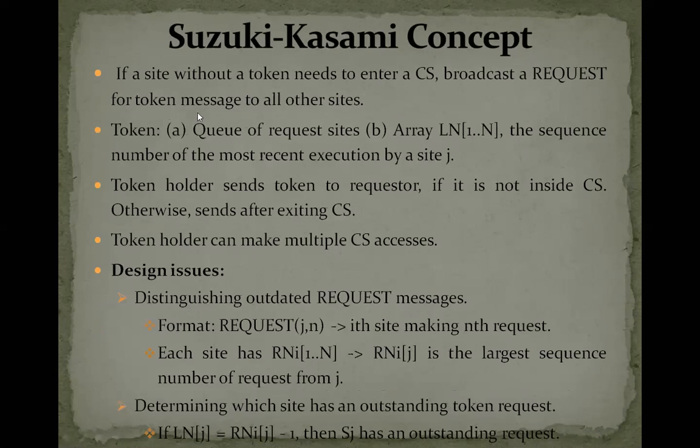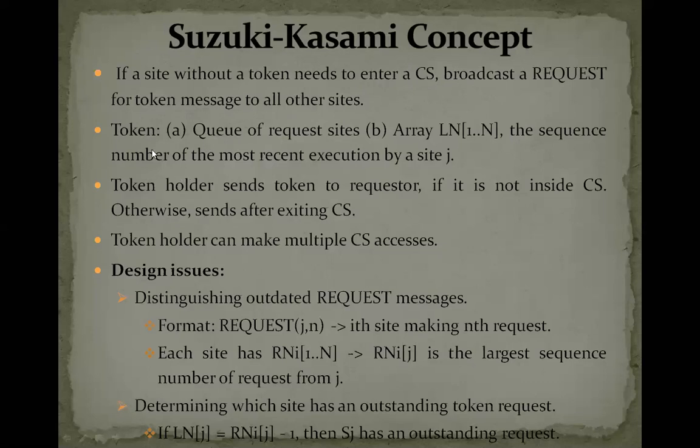If a site that does not have the token wants to enter into the critical section, it broadcasts a request message, a request for the token, to all the sites. The Suzuki Kasami algorithm says that it has to broadcast. So broadcasting of the request message is done by the site who does not have the token and wants to enter into the critical section.